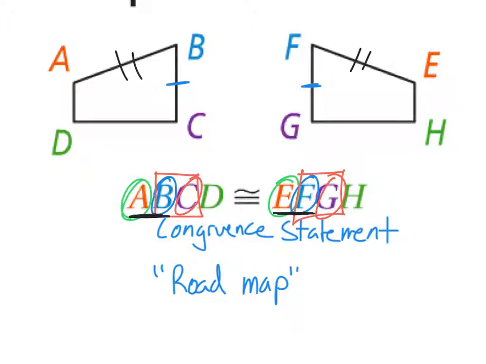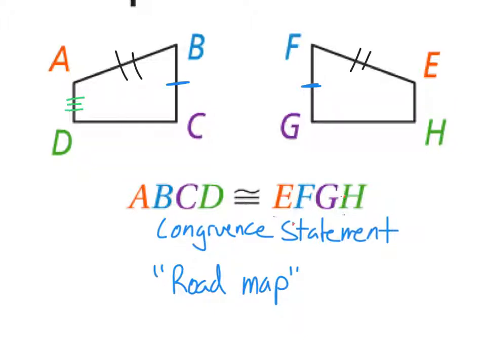Okay, let me erase some of that here so it's not so jumbled. But I do want to show you then, line segment AD, we can all see, just from the diagram, you can tell that that's going to be congruent to line segment EH, right? Where are they in the roadmap? Where are they in the name?